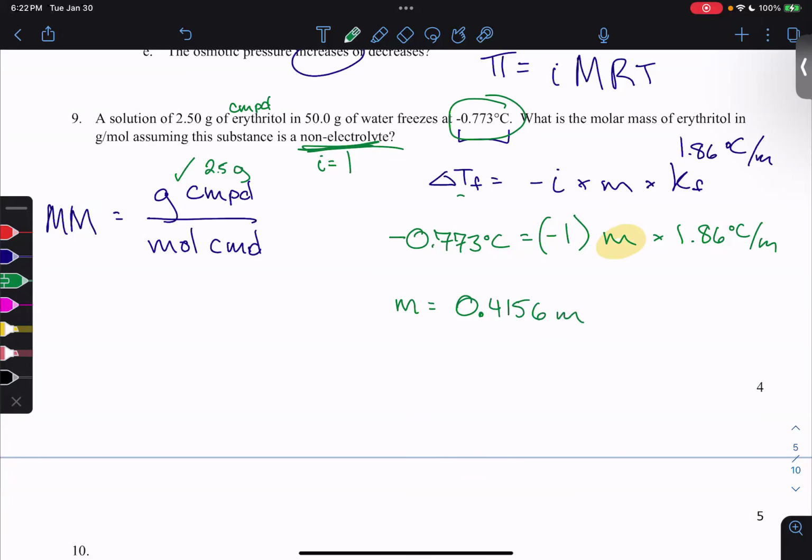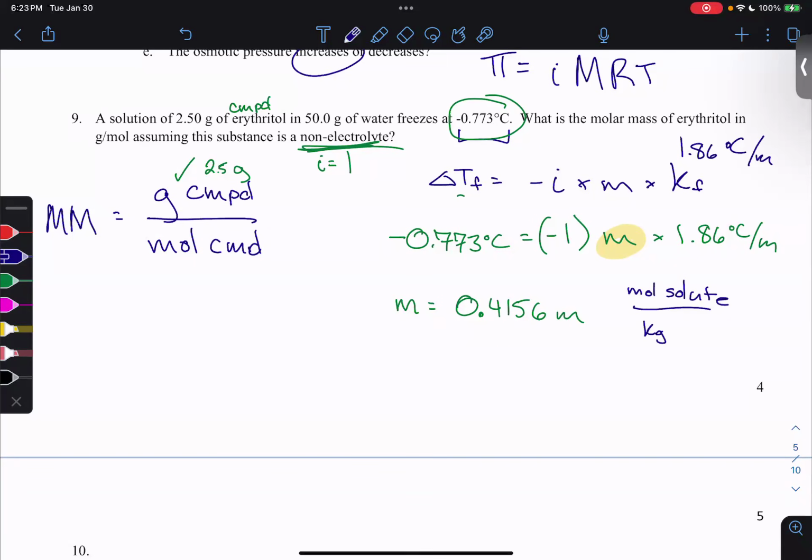So if we have a solution with a particle concentration of 0.4, we should see this freezing point depression for water. Can I just put this number in my denominator? No, that's molality. I need to somehow convert this into moles. So let's recall what the unit of molality is. It's different than molarity. Little m means moles of solute over what?